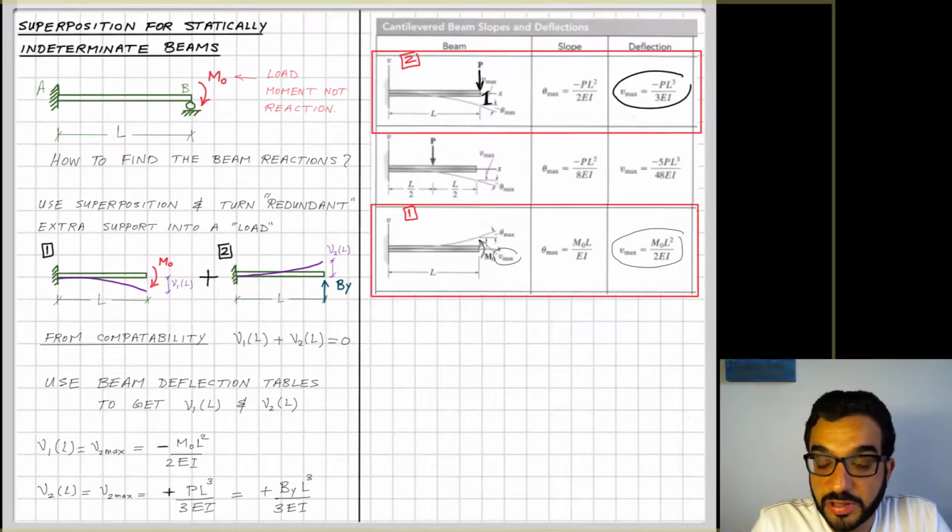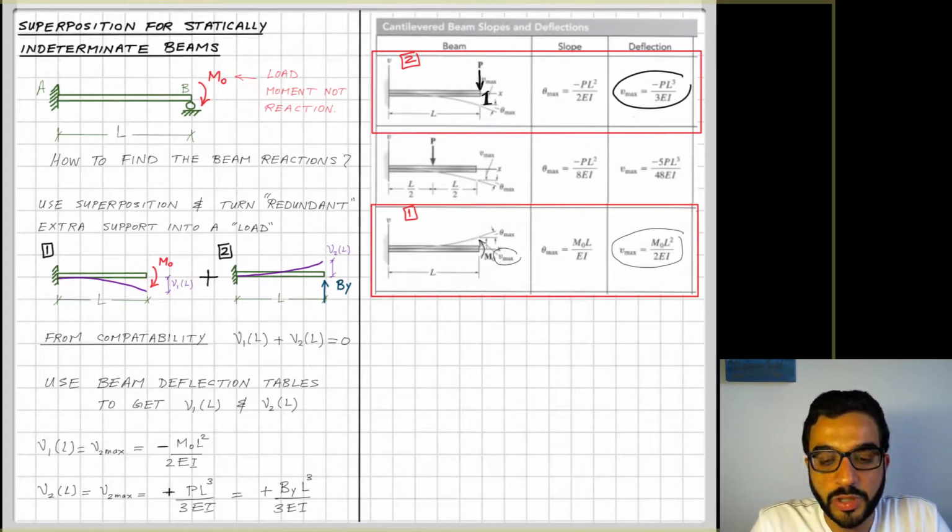It's still matching, but now when I pull ν max, that ν that happens at the same point where I'm interested in, which is the tip of the beam, it shows here in the table it's a positive value because the moment is counterclockwise. In my case, when the moment is clockwise, then I have to flip the sign.